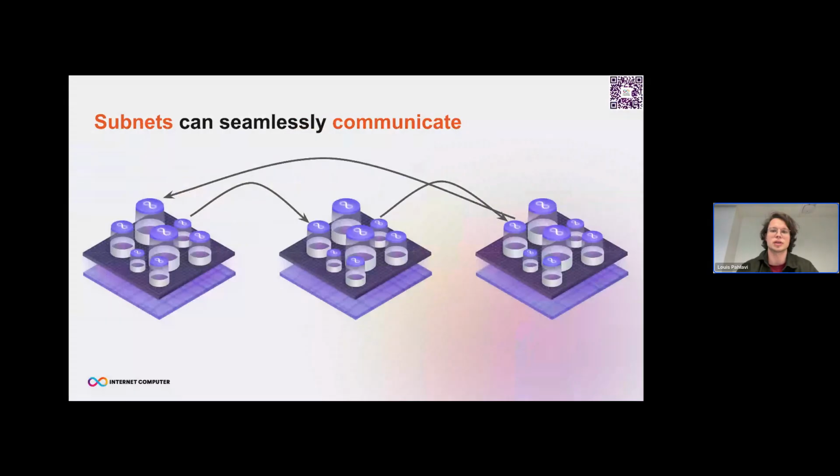Something very special about these subnets is that they can seamlessly communicate with each other, even though they're essentially separate blockchains. In turn, this means that smart contracts on one subnet can communicate with smart contracts on any other subnet. And this really allows the IC to scale horizontally. If we need more computation power or more storage capacity, we can just add more nodes and form a new subnet.